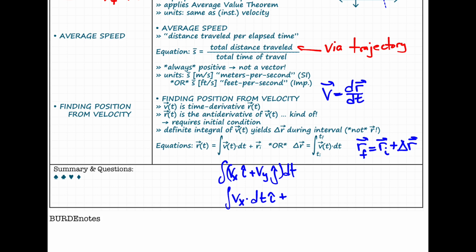When you're adding multiple terms inside your integral, you can just break them up and integrate them separately. This term here is our change in the x direction. This term here is our displacement in the y direction, and so forth. So it's just like the problems you did before. In one dimension, you're just doing two problems, one in each direction, and those end up being the components of your overall value at the end.